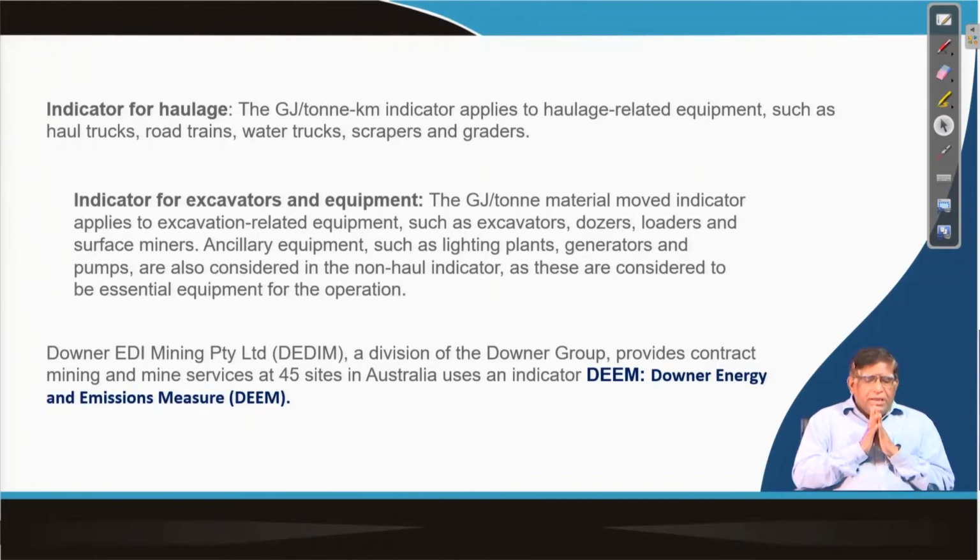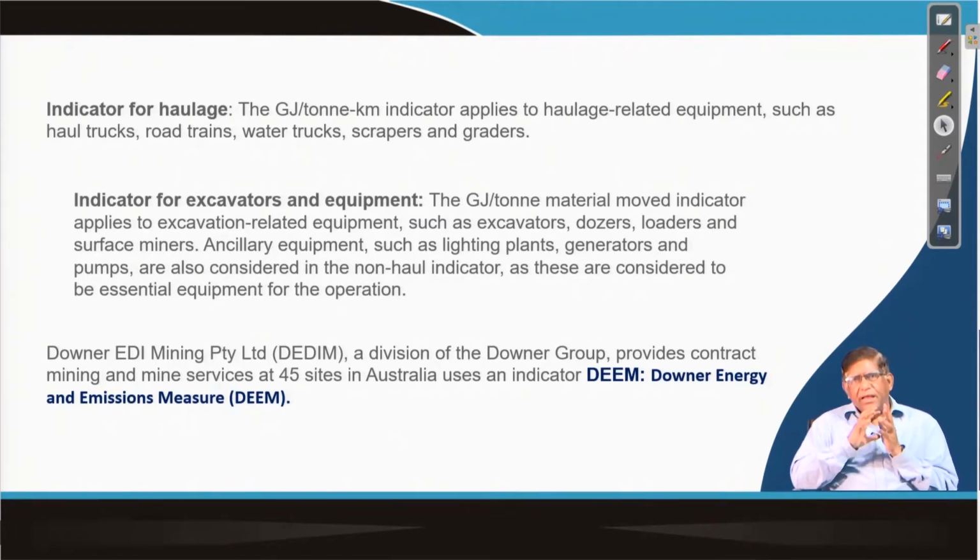Another major unit is gigajoule per ton kilometer. This is another indicator, showing exactly how much calorific value is required for a ton kilometer, and it can be used for all other machines also. From this indicator, the total energy efficiency of your mine can also be found.